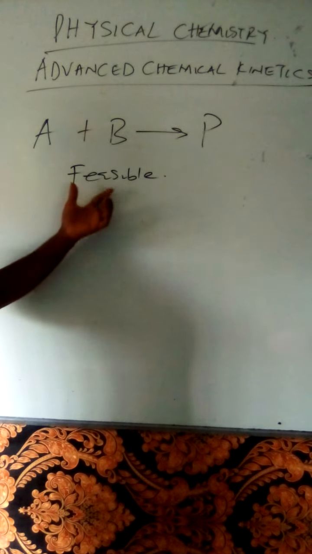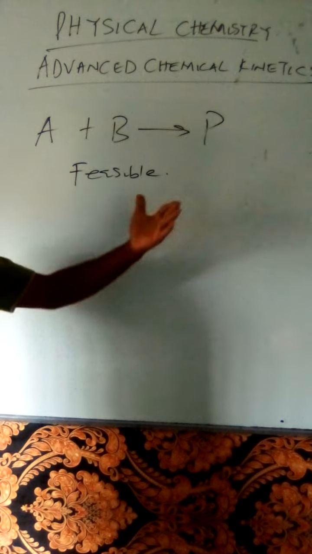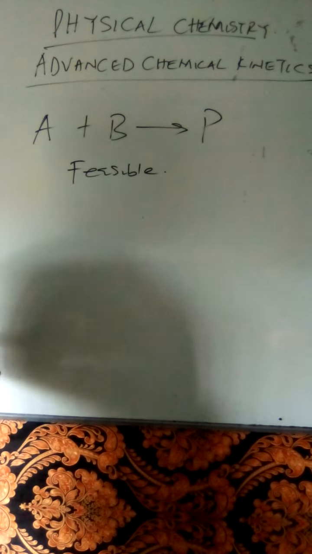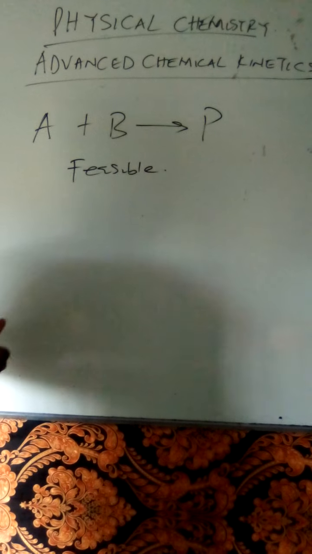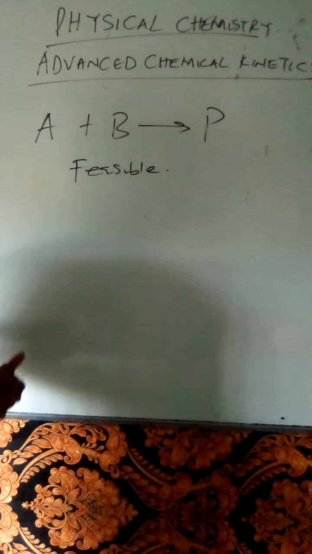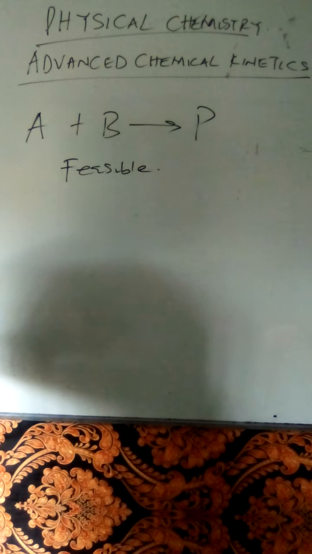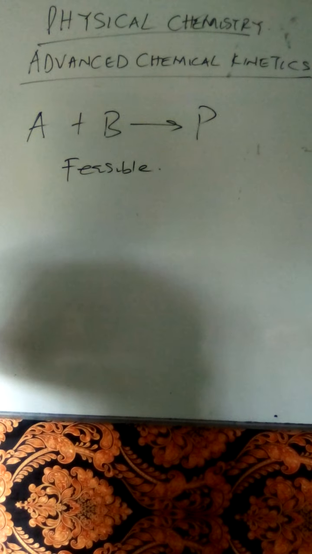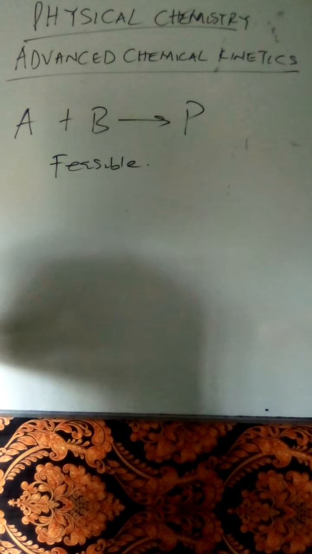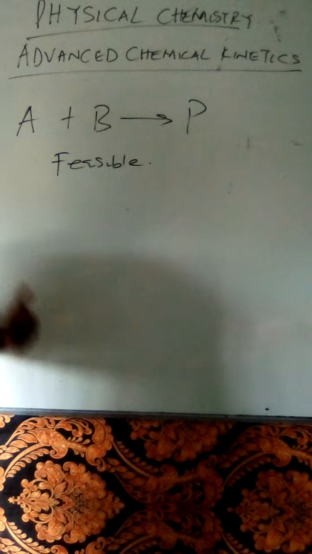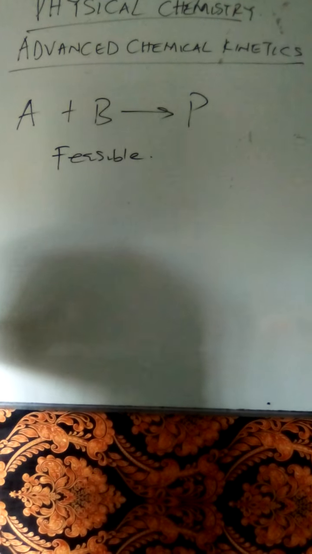If the reaction is feasible, you will go on. If it's not feasible, you modify the conditions. The aspect of chemistry that tells us whether a reaction is feasible or not is called chemical thermodynamics. Now, if a reaction can take place, it's feasible or spontaneous, he'll now ask himself, how fast will the reaction take place?